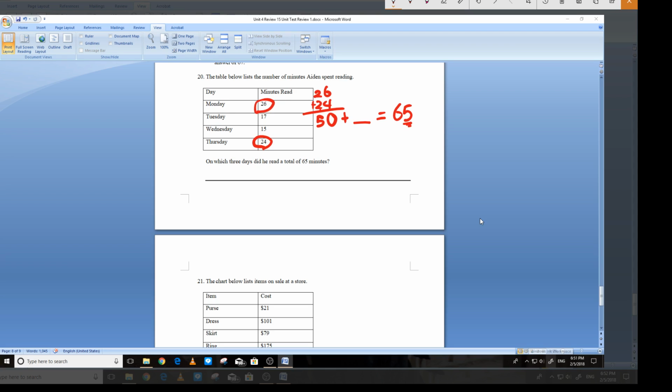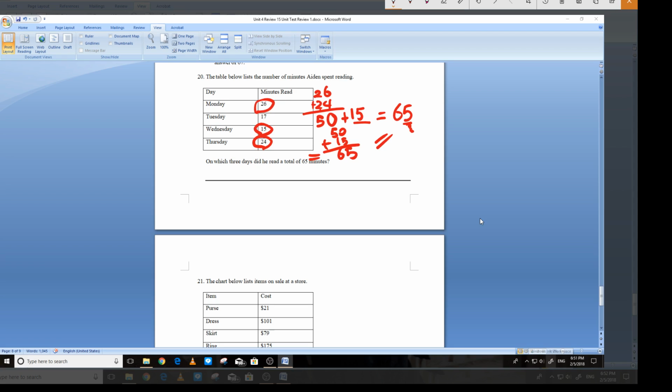See, we're looking for a 5 here. Which number has a 5? Wednesday does, right? We have 15 here. Let's plug 15 in. 50 plus 15: 0 plus 5 is 5, 5 plus 1 is 6. See, it's the same as the 65 that we are looking for. That's why Monday, Wednesday, and Thursday are the 3 days we're going to use.